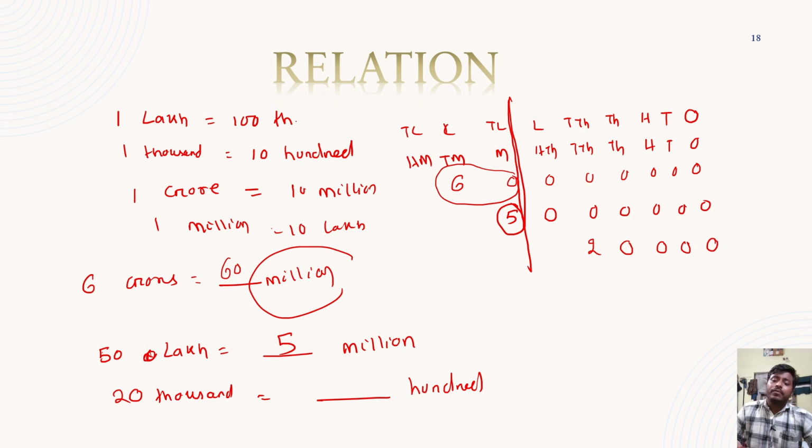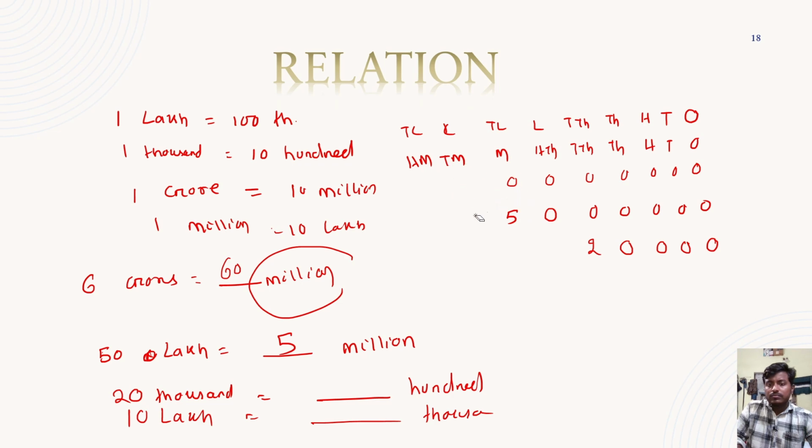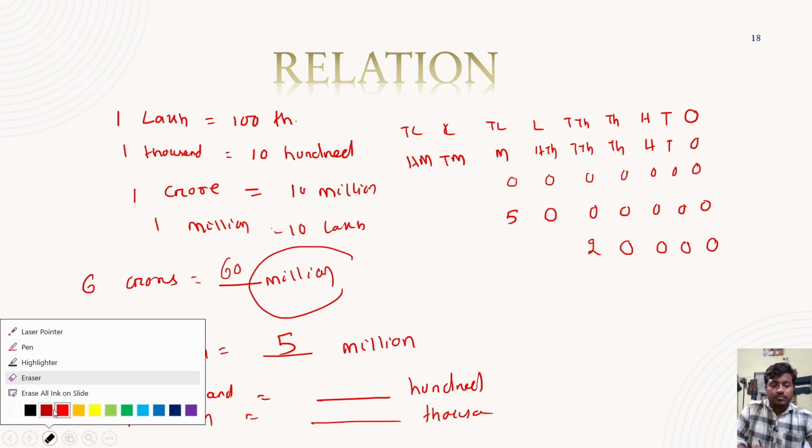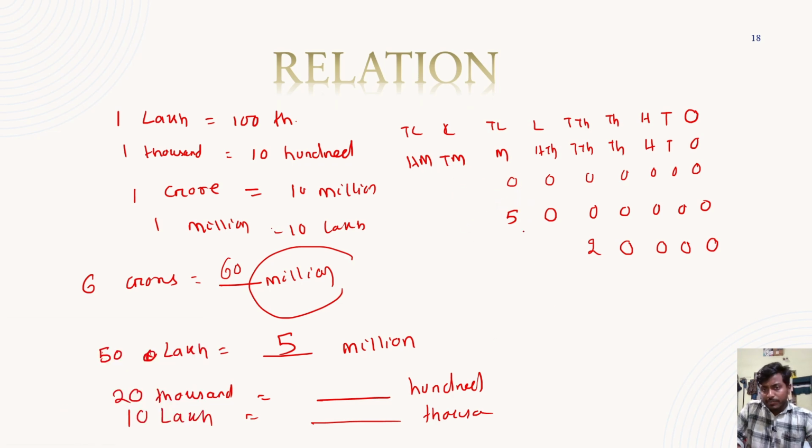Okay. Or simply 1 lakh. Again write down 1 lakh, or the 10 lakh equal to dash 1000. Okay. So write down 10 lakh: 1, 0, then 0, 0.